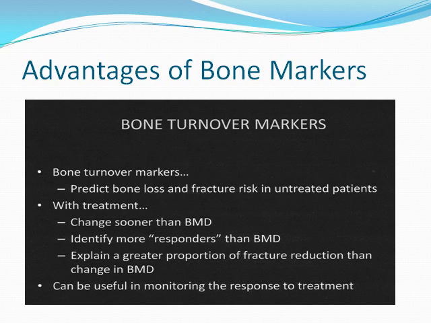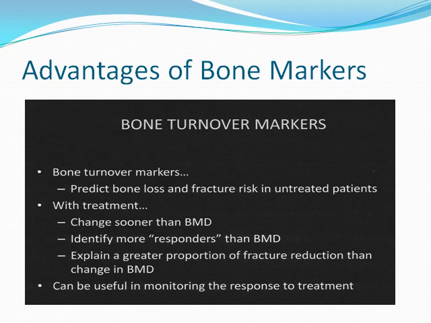But with treatment, there's a change of serum bone markers much sooner than you see with the bone mineral density on DEXA. So you can identify more responders to treatment than you can with the DEXA bone mineral density test.